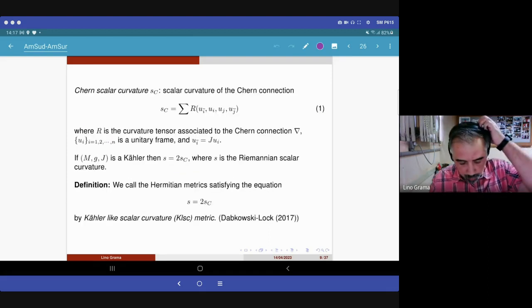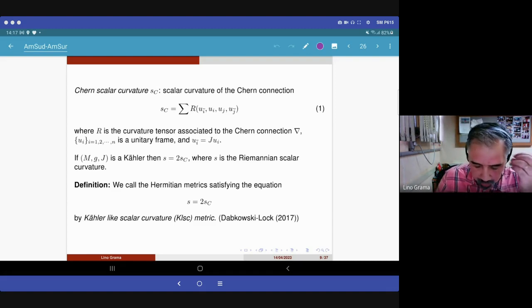And we define the Chern scalar curvature, the scalar curvature of this Chern connection, in the very standard sense. We take some unitary frame and take this sum here.